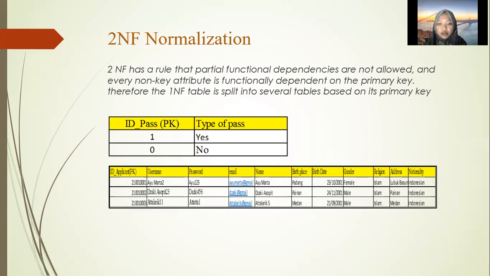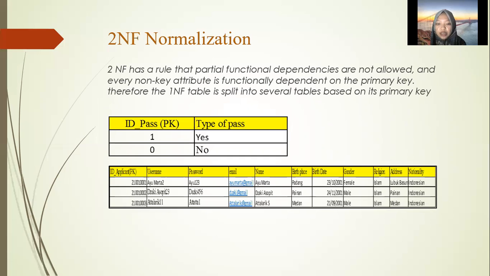Where there is still dependency in the table, the next step is 2NF, which has a rule that partial functional dependencies are not allowed, and every non-key attribute is functionally dependent on the primary key.